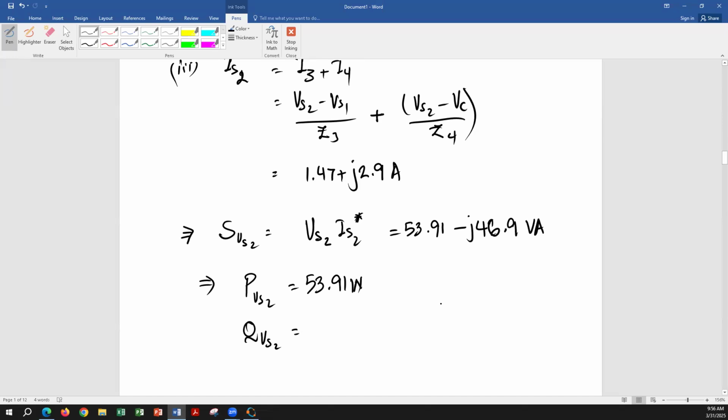Now, reactive power negative means that actually that power is being received, or it's coming from the capacitive loads.